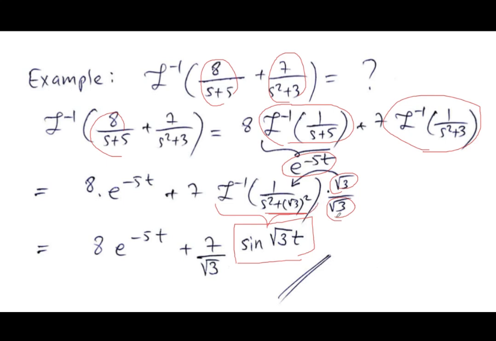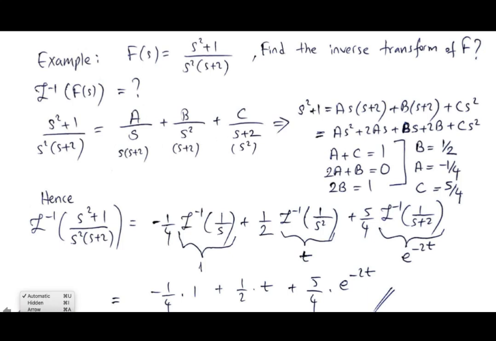And then we have a division by this square root of 3. So we just repeat that, write it down, and we have the coefficient 7 here. For the other guy here, I think this is even simpler for you, because the inverse Laplace transform of 1 over s plus 5 is given by the exponential minus 5 times t.